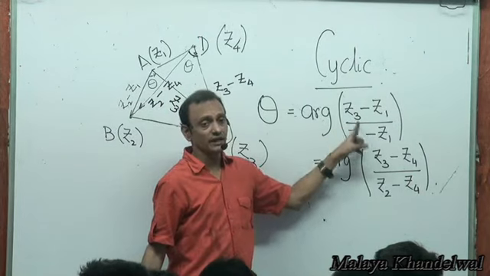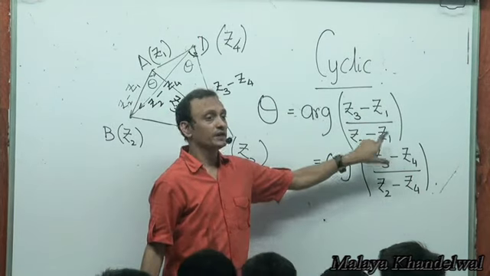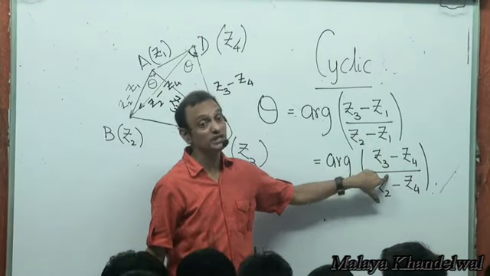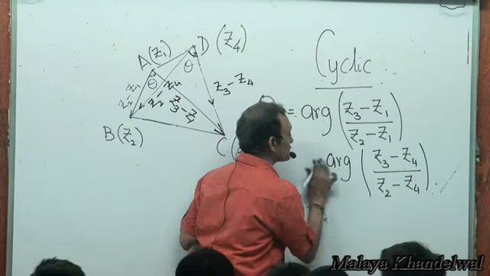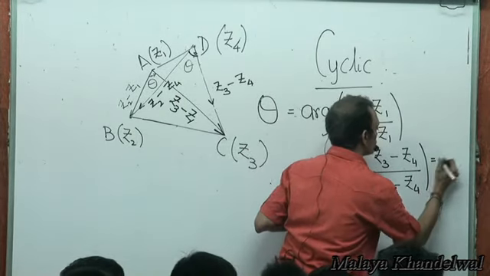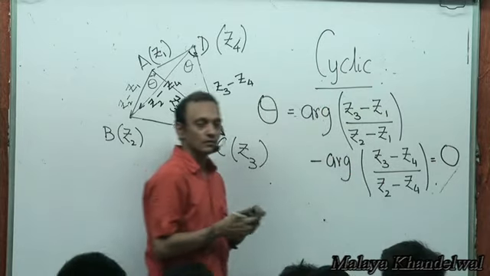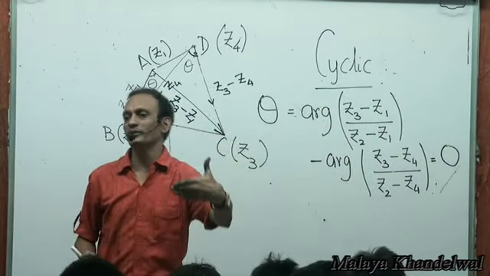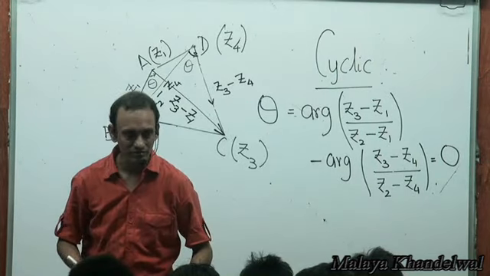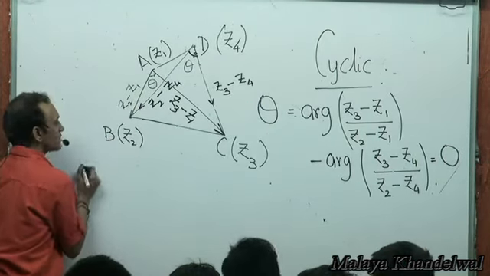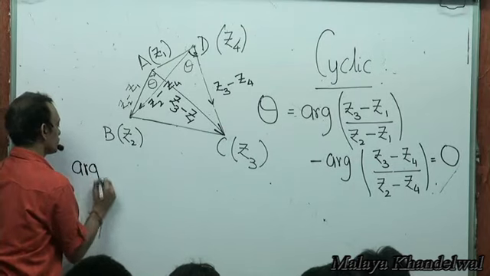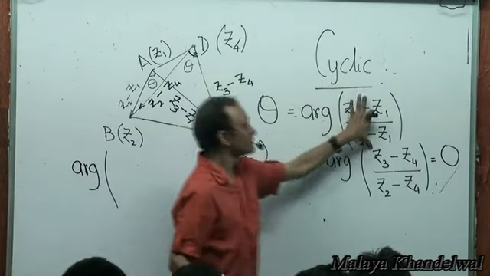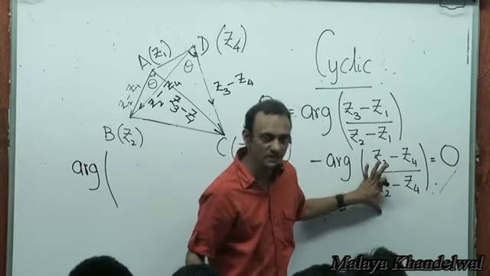If argument A equals argument B, then argument A minus argument B is 0. That means argument of A by B must be 0. Which means argument of this divided by this must be 0.